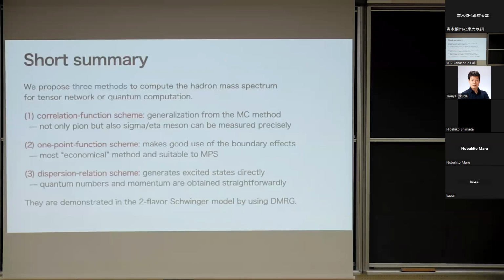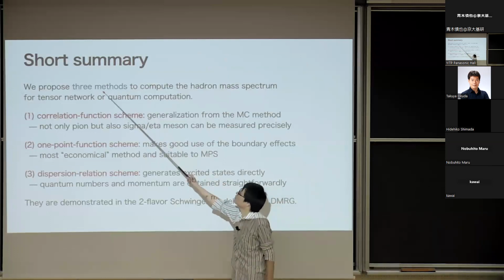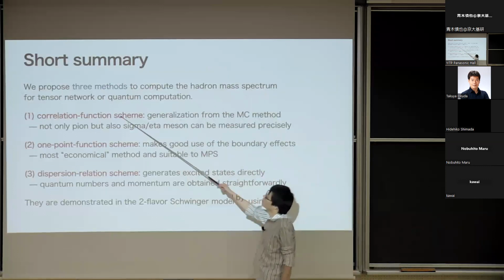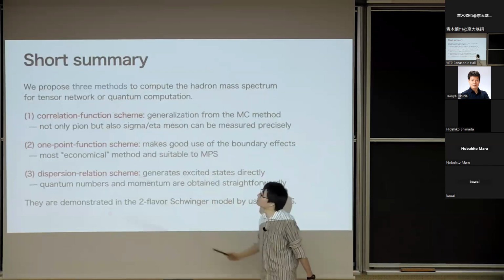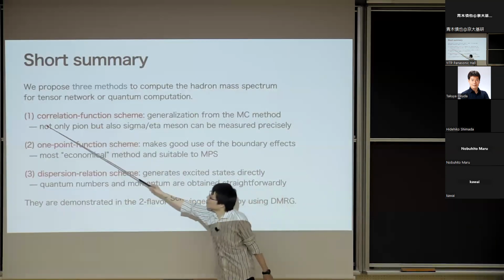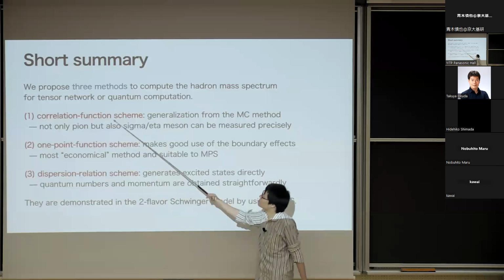So let me explain what we did in this work. We proposed 3 methods to compute the hadron mass spectrum with tensor networks or quantum computation. One is what we call the correlation function scheme.